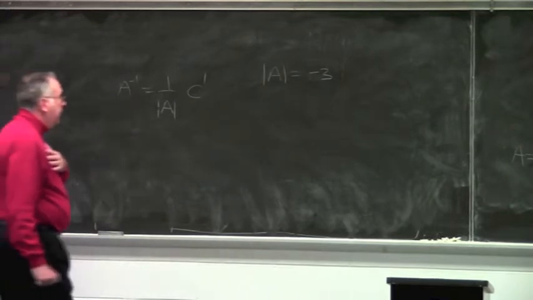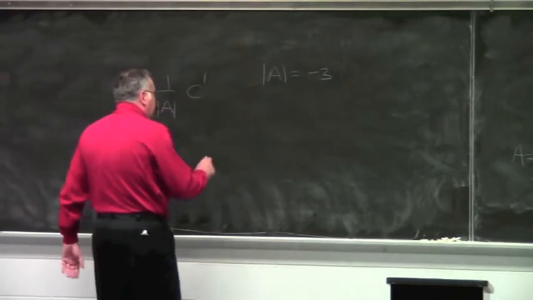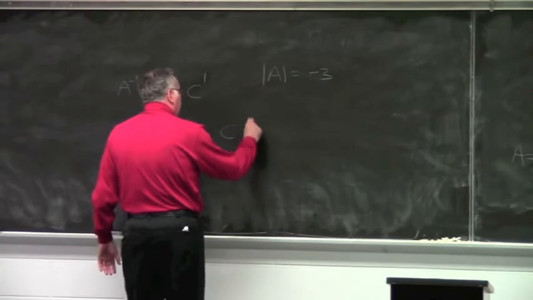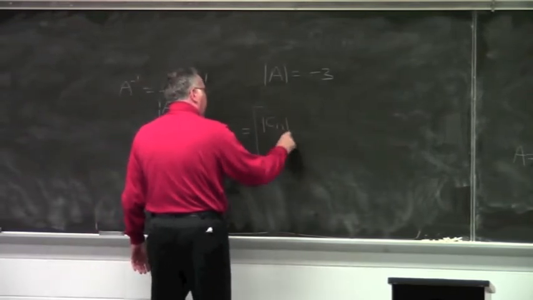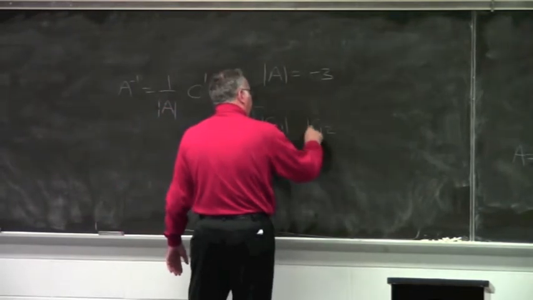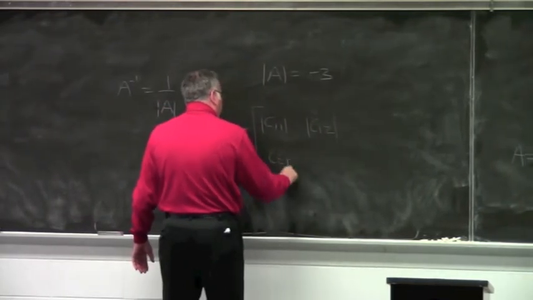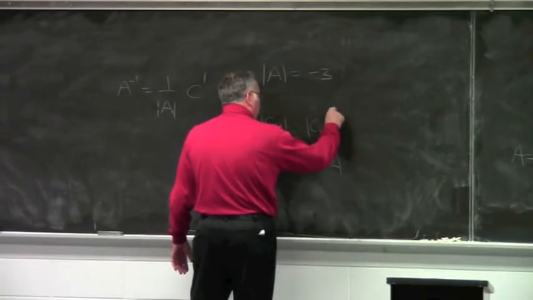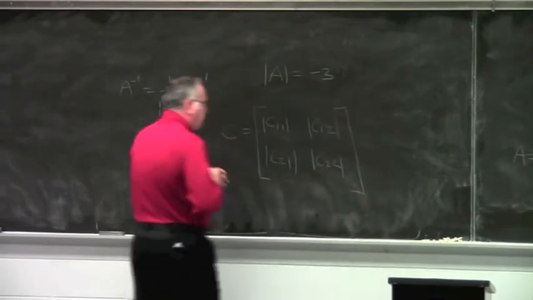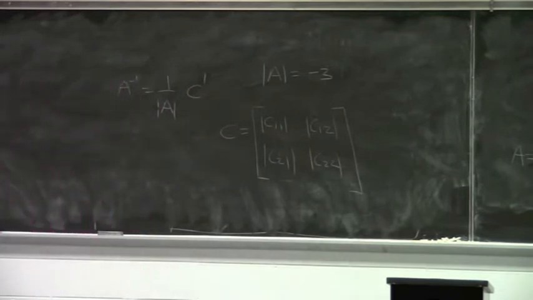Okay. The next step is to find the cofactor matrix. The cofactor matrix is defined to be this. So we just have to find these four cofactors.